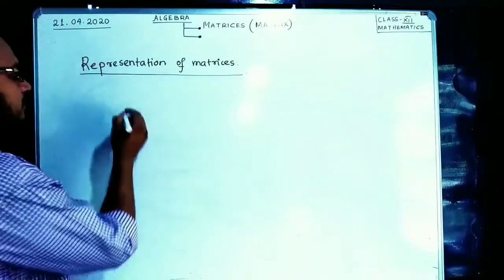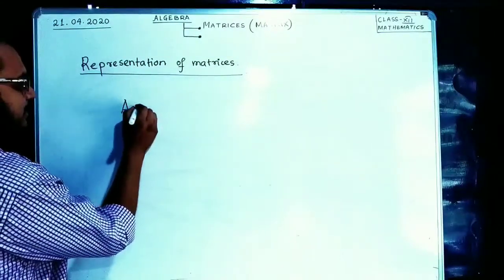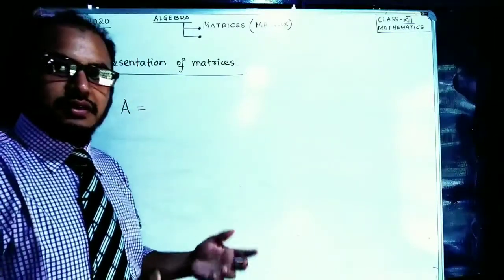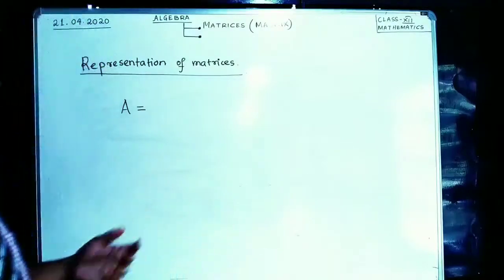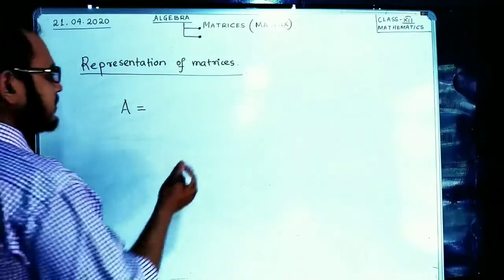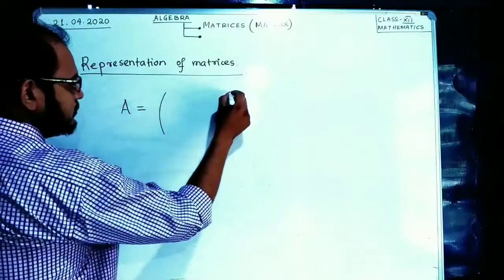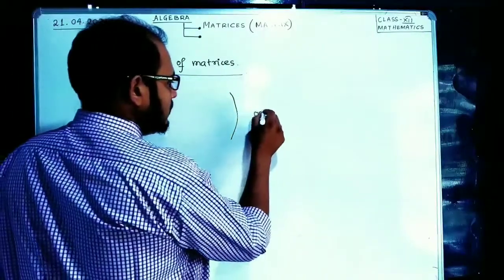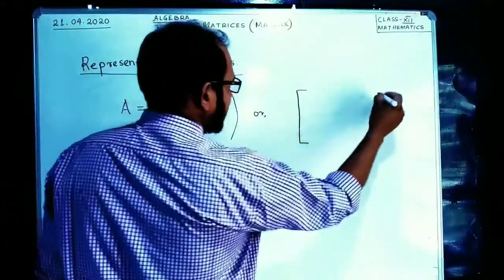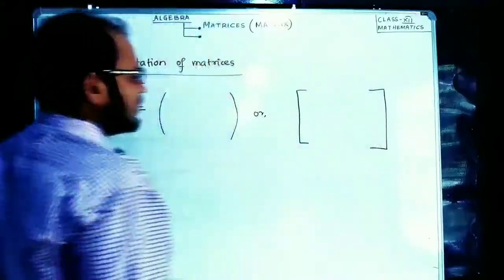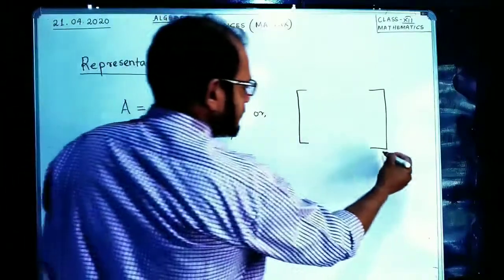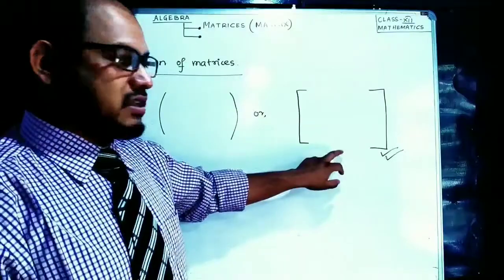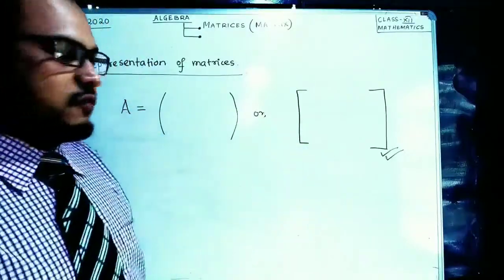A matrix is normally represented with a capital letter of the alphabet, maybe A, B, C, E, any letter from the English alphabet, and it is either represented with this type of braces, single bracket braces, or it can be represented using this type of braces. However, this type of brace is more preferred. So in your book or in your syllabus we use this type of braces. We will not be using this type of braces.